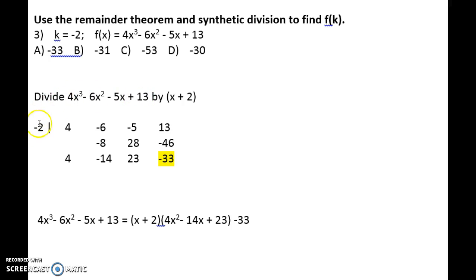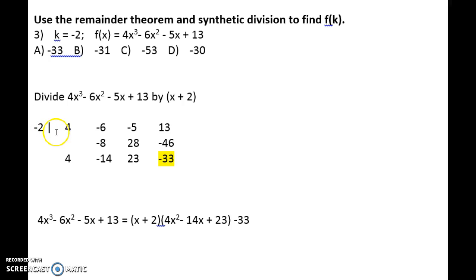And so then what we put out here is x minus the k value. So x plus 2 is the same as x minus -2. So you always want to view this value here as x subtracted something. So we're subtracting a -2, put a -2 out there.